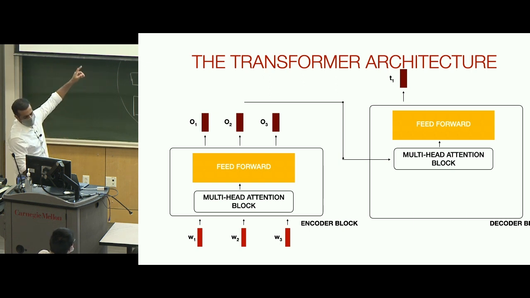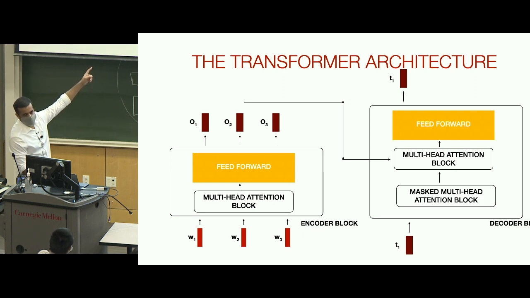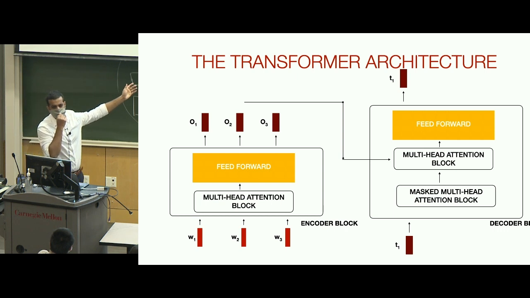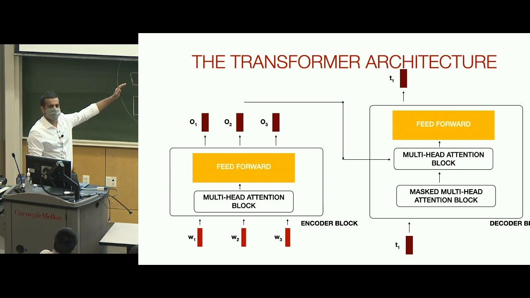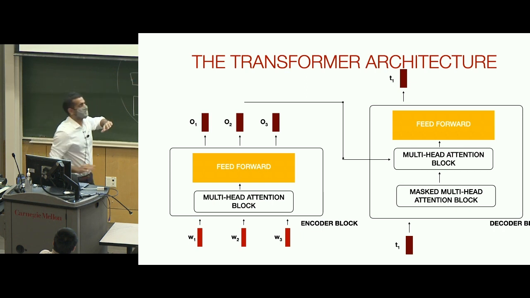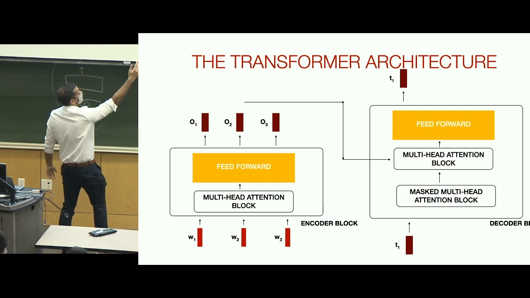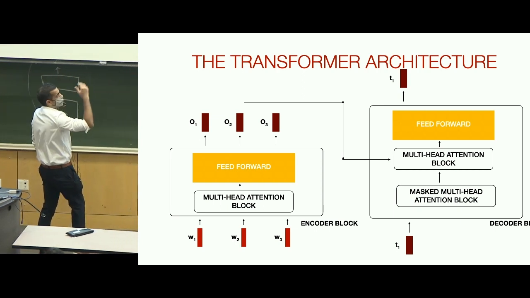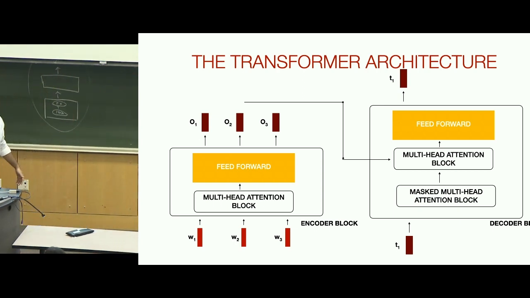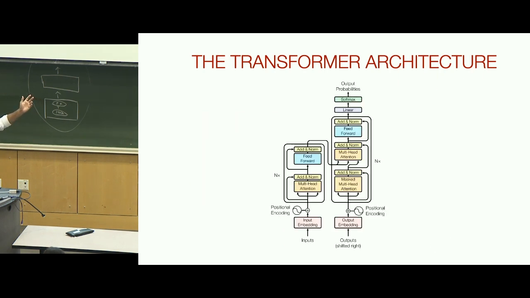So the T1 that was generated is now fed in, and masked multi-head attention is used. The mask term just means that it only looks at the generated output up till this point. So maybe the generated output has 5 tokens, but it will only look at the outputs that are generated up till now. Right now it's just 1, so it's just 1. That's basically what masked multi-head attention is doing.